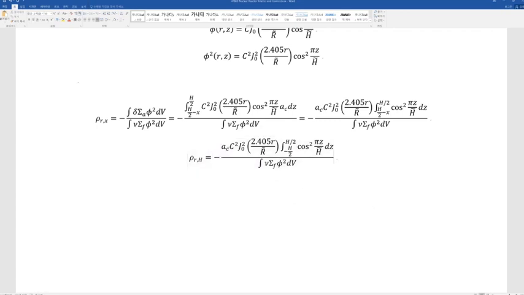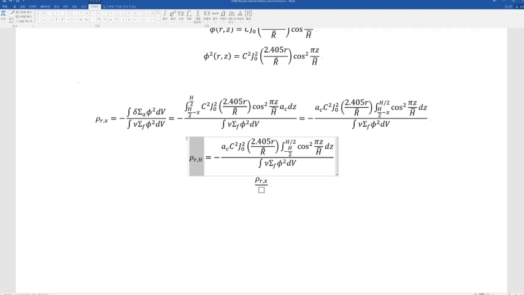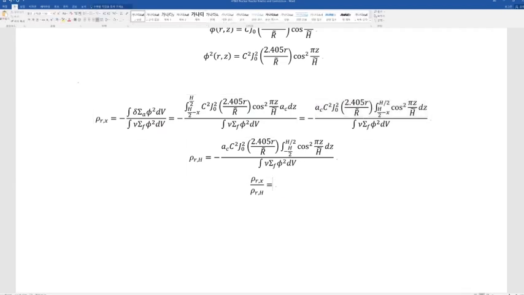So when we divide the first with the second, over rho RH, then what we are going to get would be this ratio.